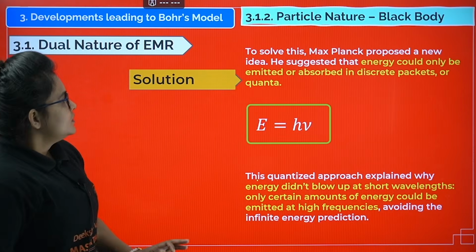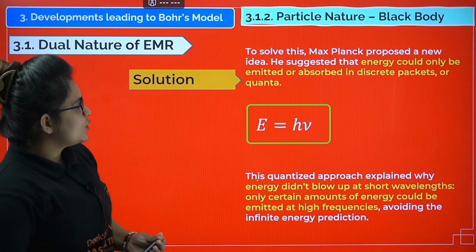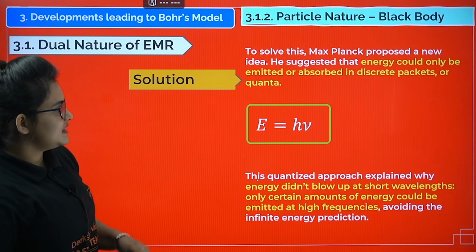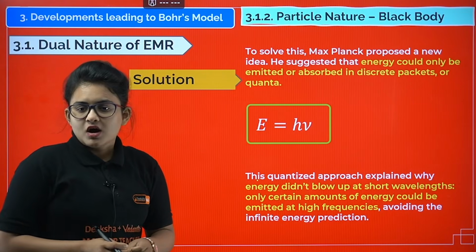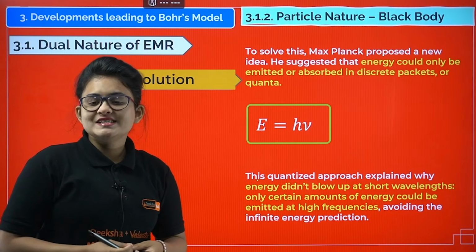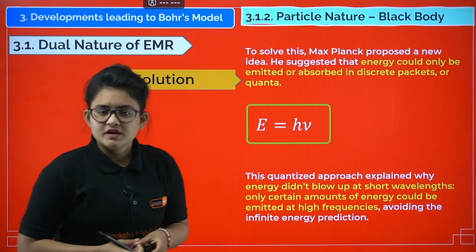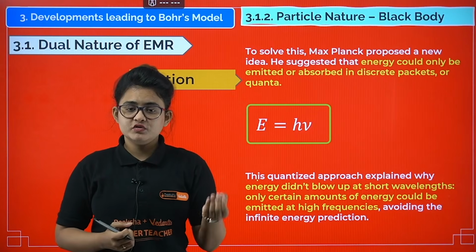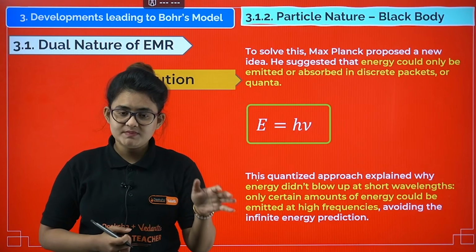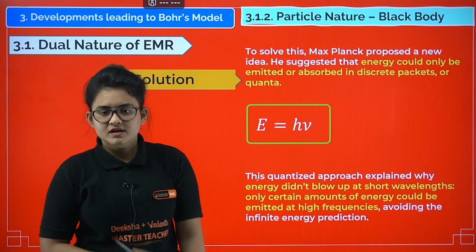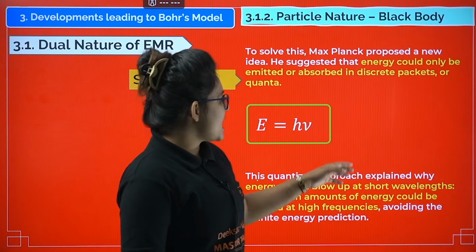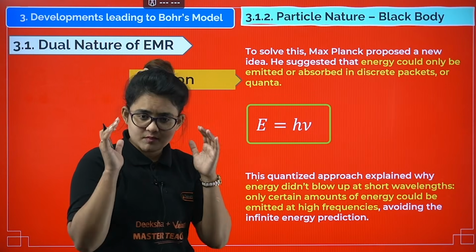To solve this, Max Planck proposed a new idea. He suggested that energy could be emitted or absorbed in discrete packets called quanta. The energy of a quantum is equal to h nu, where h is Planck's constant and nu is the frequency. Quantized means a fixed amount.